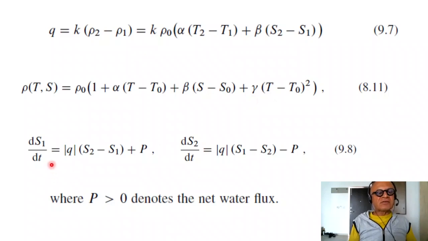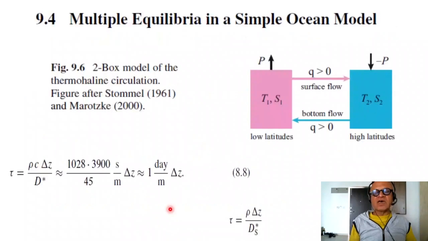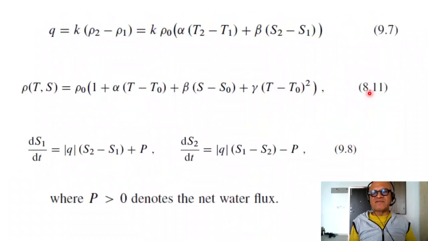So you can write then the salinity equations for the two boxes. dS1/dt is related to the water flux times S2 minus S1 plus P, where P greater than 0 denotes net water flux. So we have net water flux out of here, net water flux into the ocean here, which means salinity is increased here and salinity is decreased here, for example.